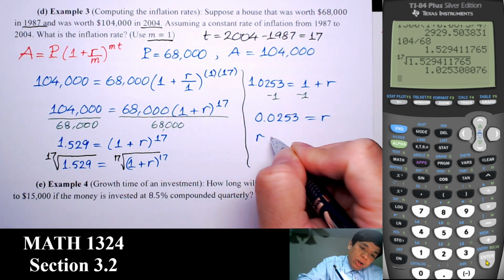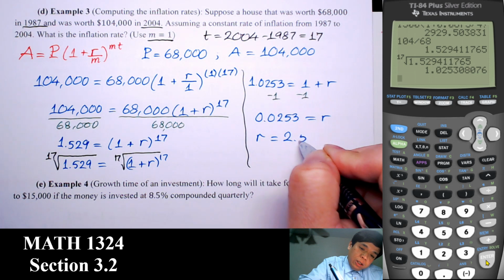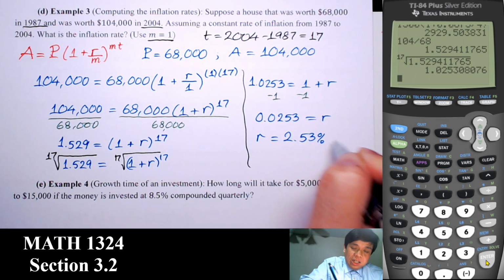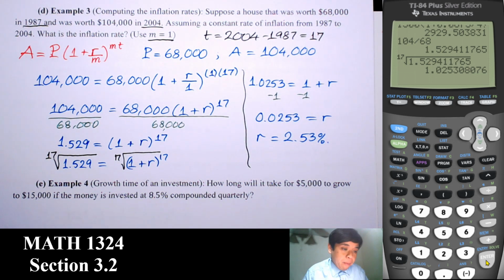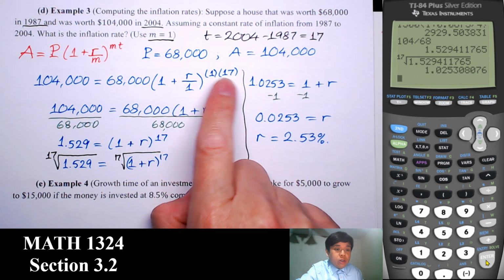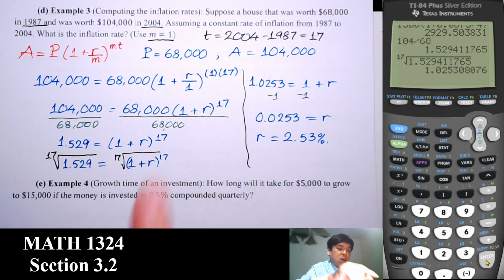So the inflation rate is 2.53%, which is, I think, good. So once again, if we're trying to solve for the rate, we're going to take the root on both sides to cancel the power.